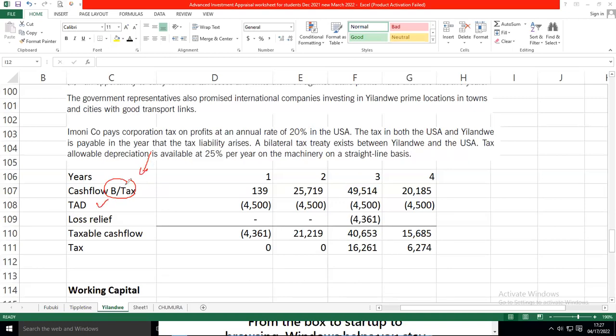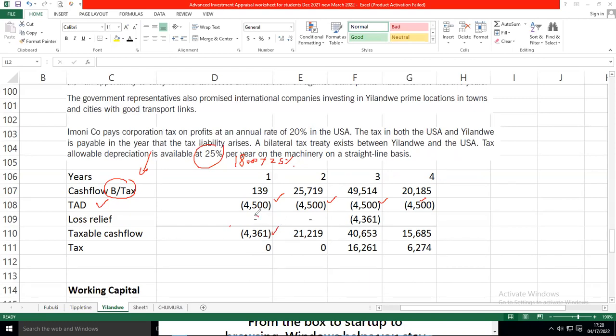Tax allowed depreciation is 25% on the machinery, which was 18,000. So multiply this by 25%. So these are the reliefs. So year one, you've got a tax loss.